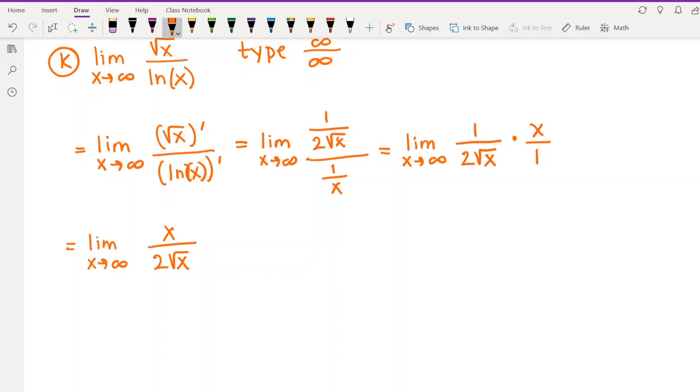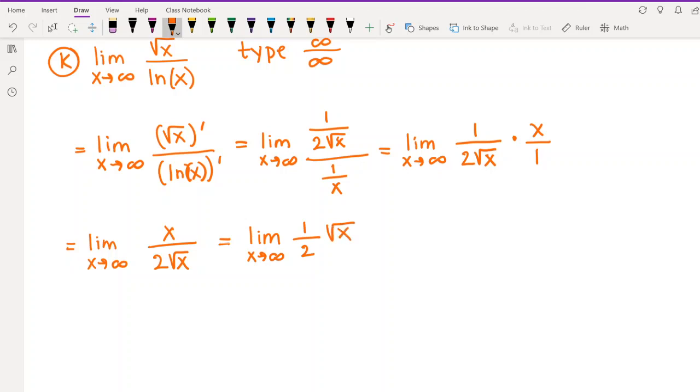You could use L'Hopital's rule here again, but you can actually simplify this even further. x over the square root of x is just going to be square root of x, right? If you do 9 divided by the square root of 9, you're left with 3, which is the square root of 9. So x divided by the square root of x just gives you square root of x. So we're going to have 1/2 times the square root of x.